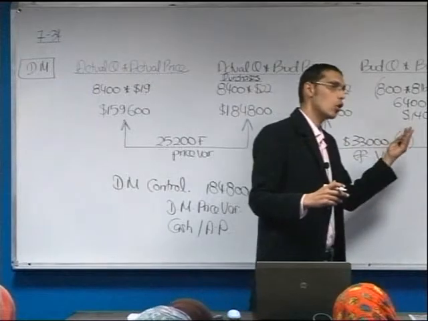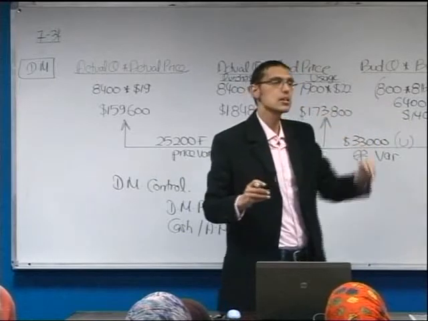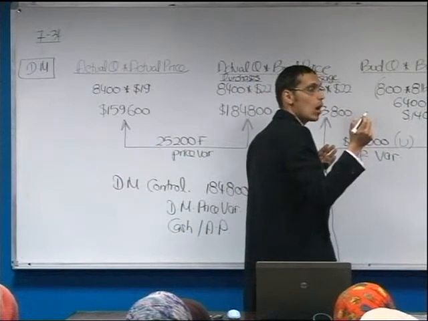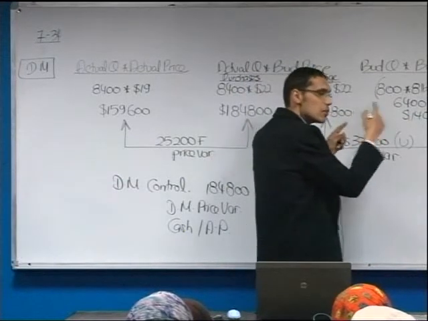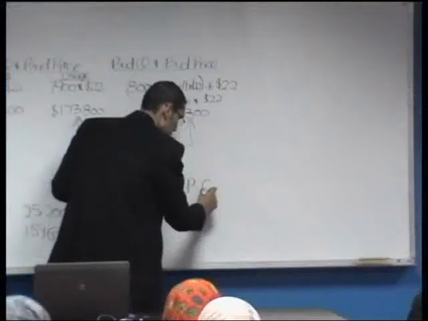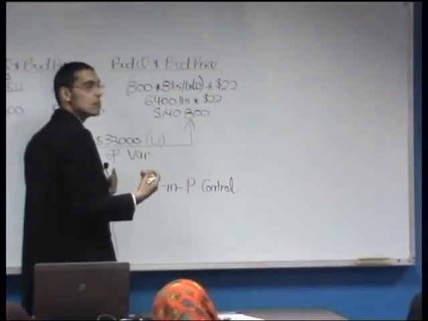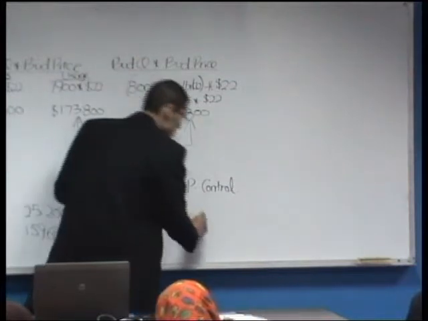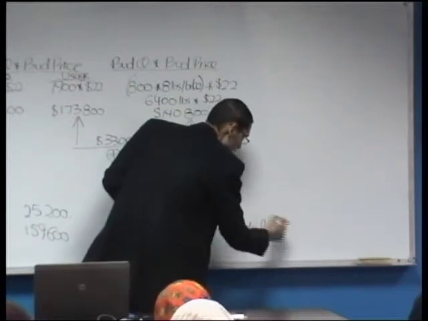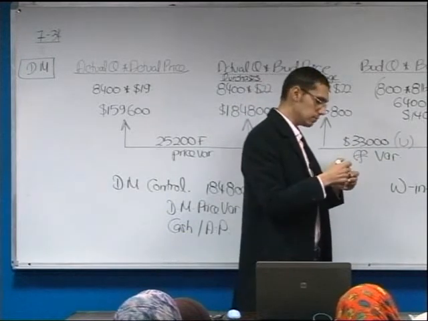Now, let us see what is the journal entry in order to journalize the use of these direct materials. Of course, as we took in cost accounting 1, if this is a direct material, the work in process should be debited. And of course, we used up some of our assets, which are the direct materials. Therefore, the direct materials control should be credited.